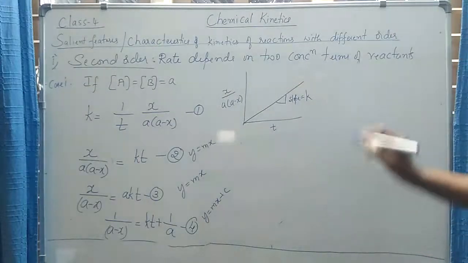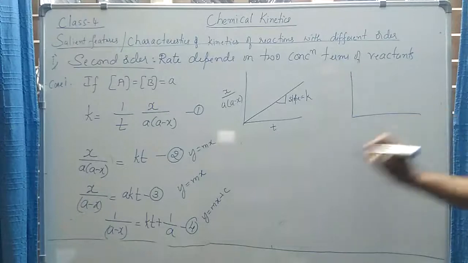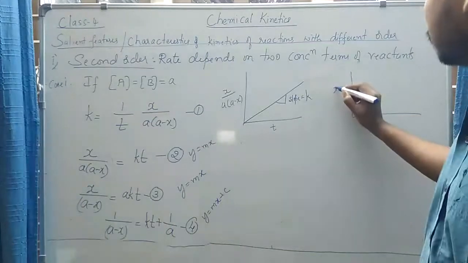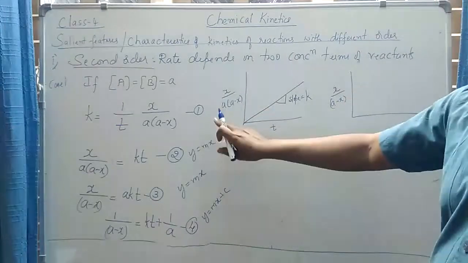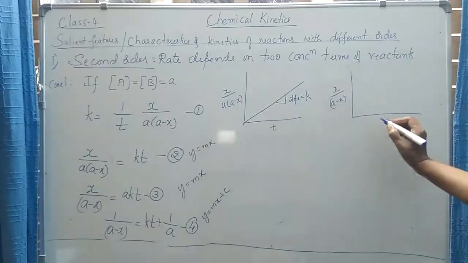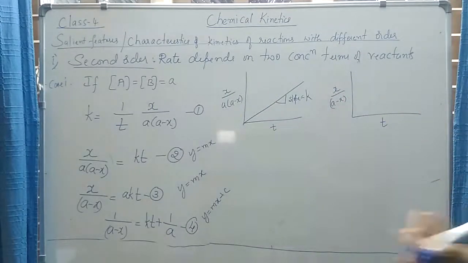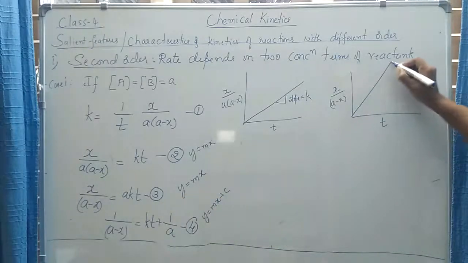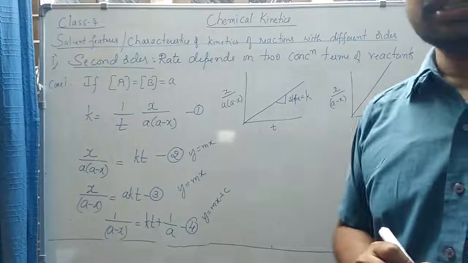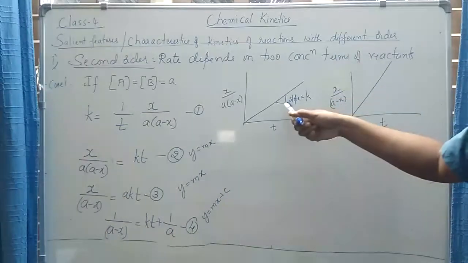On the other hand, if you plot only x by a minus x instead of x by a into a minus x, that is x by a minus x versus t, then according to equation 3, the straight line should be passing through origin, but the slope of the straight line is slightly different.